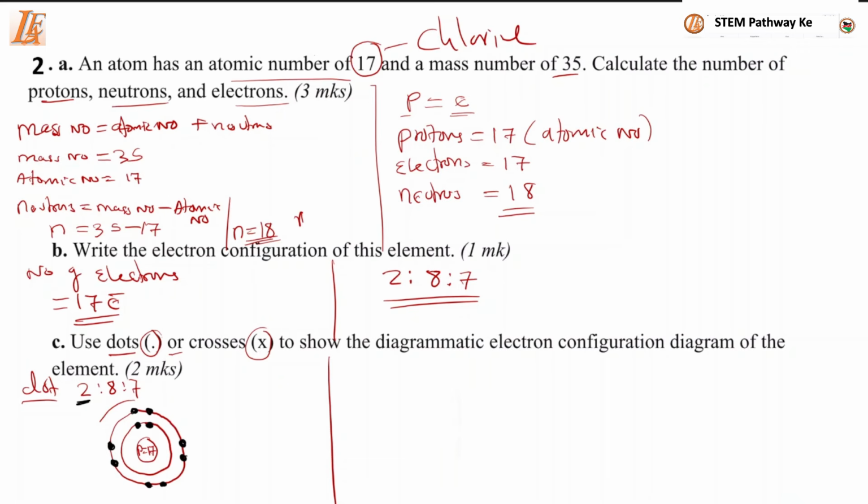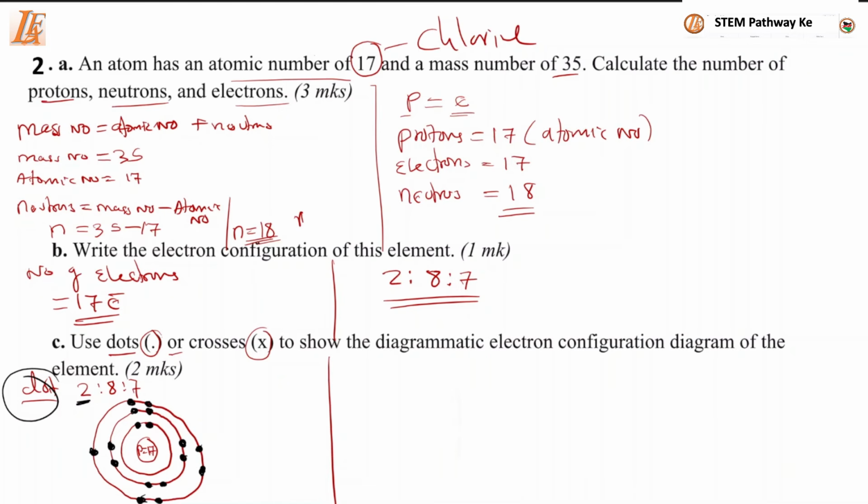Then we have the third energy level, which has 7 electrons: 1, 2, 3, 4, 5, 6, and then 7. So we have used dots to draw the diagrammatic configuration.